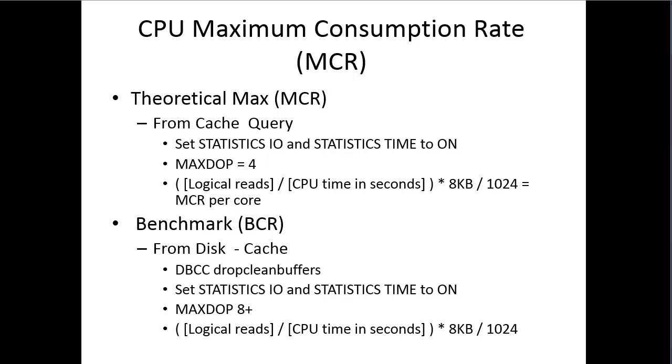Now that we've made our way through hardware architecture and went into some good detail there, we've made our way to the CPU. Now we have our disk groups laid out, we have our file groups set up properly, our database files, all those things are in place, and the next thing to consider is your CPU. As I've mentioned in previous videos, this is usually not such a bottleneck for most data warehouse systems, but is something that you need to take into careful consideration.